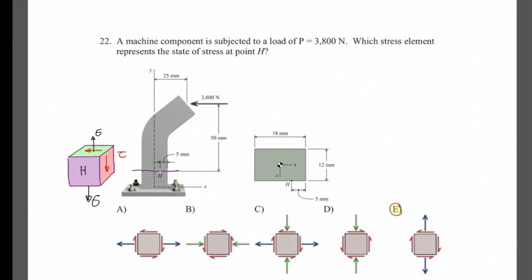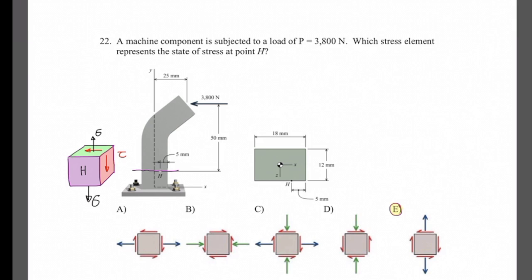How can I determine which of these two is correct? It depends on the direction of the moment. Again, use the right-hand rule. Put your fingers aligned in the horizontal direction going to the left. Bend your fingers downward. Where does the thumb go? It goes out of plane.